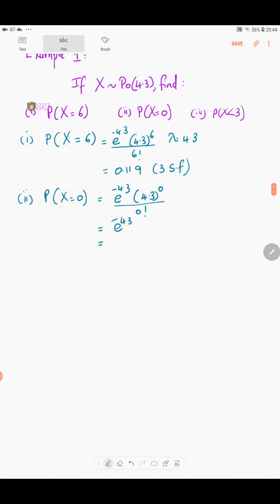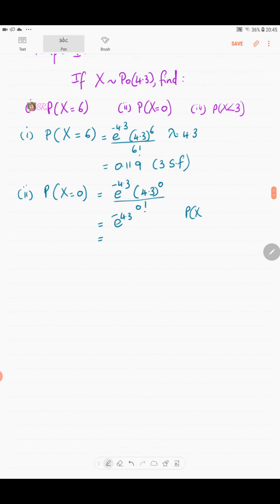So probability X is equal to 0 simply becomes e power minus lambda. Here it is e power minus 4.3. So whenever we have to calculate probability X is equal to 0, we just have to calculate e power minus lambda. And the final answer is 0.0136, 3 significant figures.